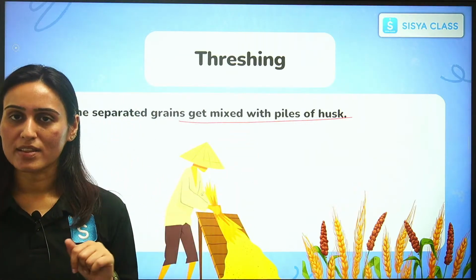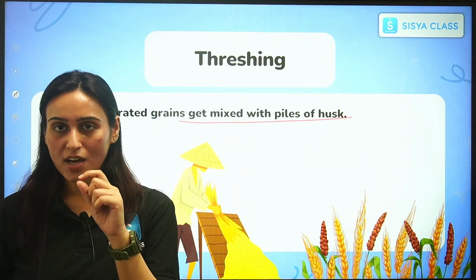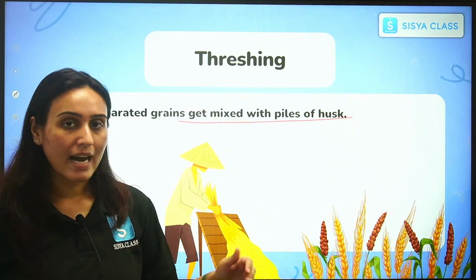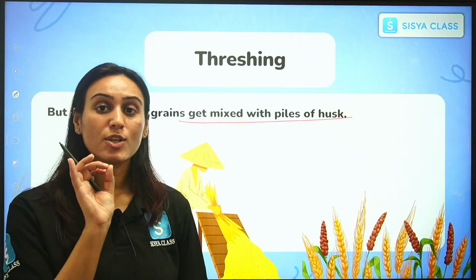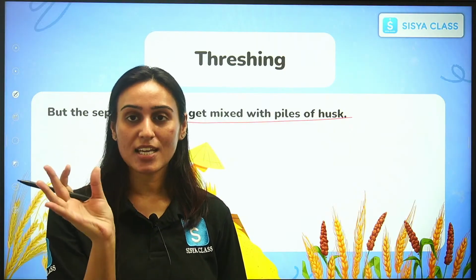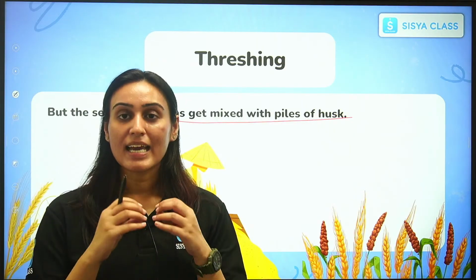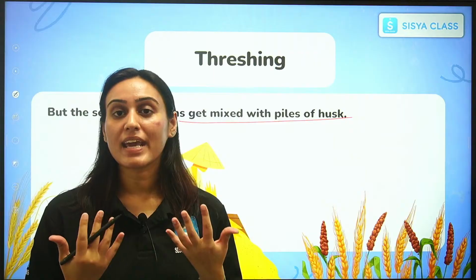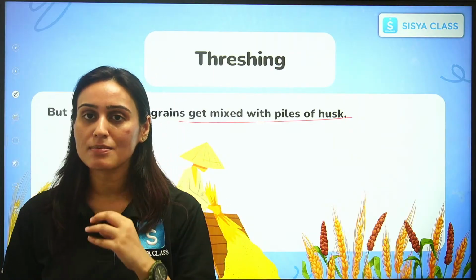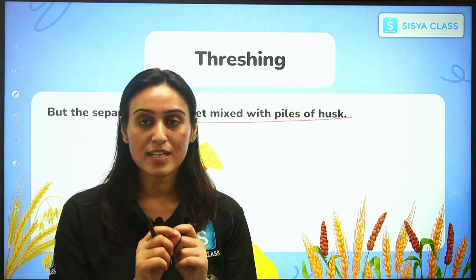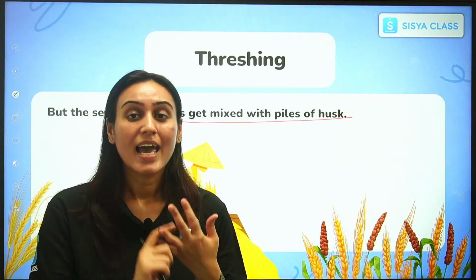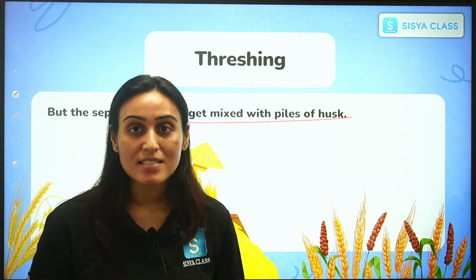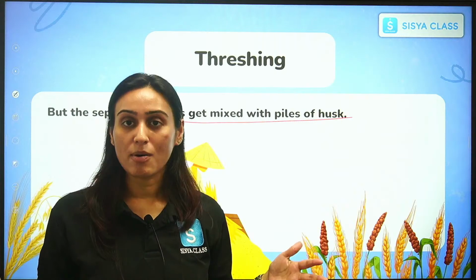Try to understand one thing. Your grains are heavier and your husk, the particles which are left behind from threshing, they are lighter. So we are going to use this change or difference in density to separate out the components. In the first method, you have used the difference in size, the difference in shape, the difference in color as your benchmark, as your principle to separate out the components of the mixture.